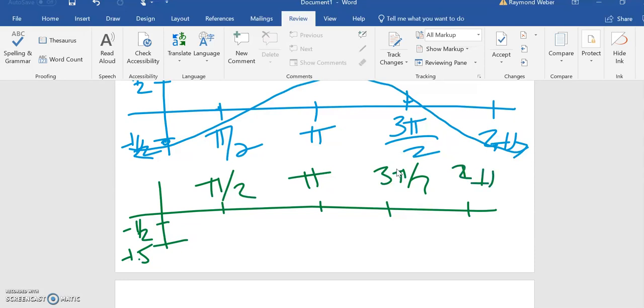But now I'm going to start down here. This is -1, this is my middle, so where 0 was is now -1, and then here, and then here, and then here. So this looks like this.